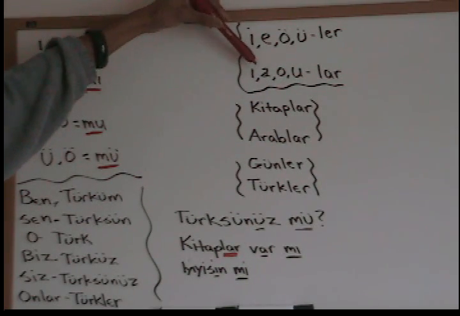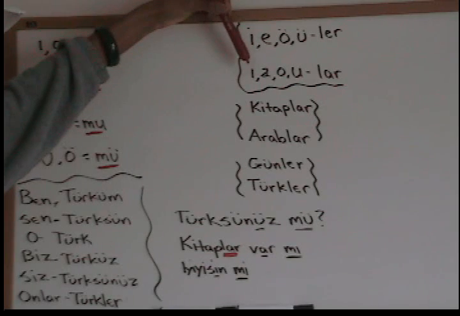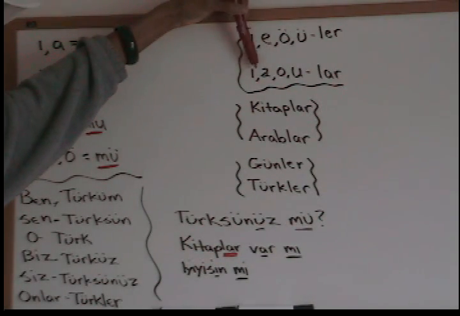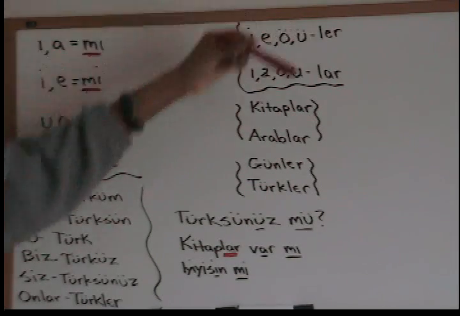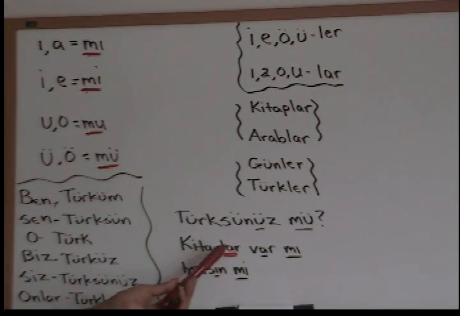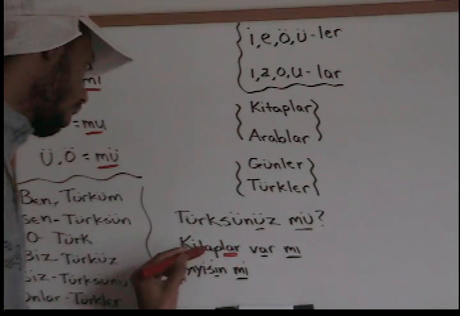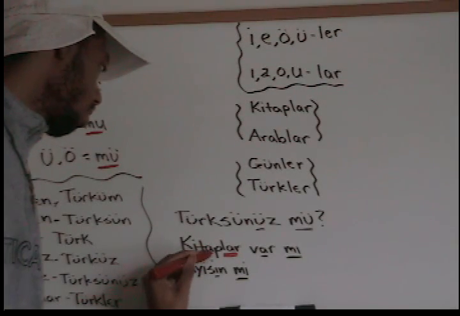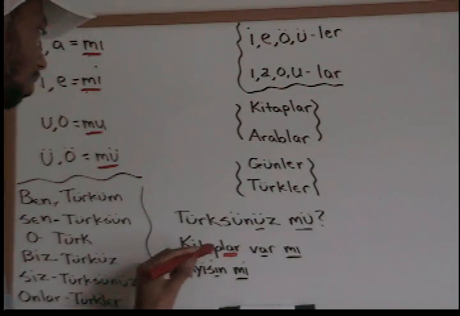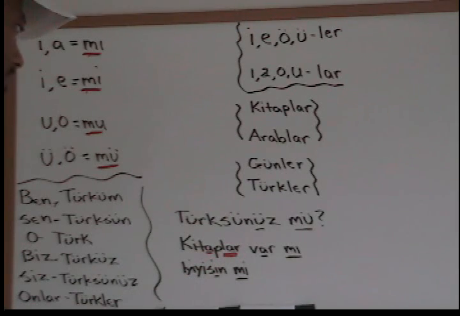Same as before. If it's one of these letters, it's going to be lar. An example here is kitaplar. So kitap by itself is book, and then we want to make it plural. We're going to tag on either lar or ler, but you have to look and see what the letter is before the last. See, kitap, it's an A, so it's going to be lar. So that's how you make that.